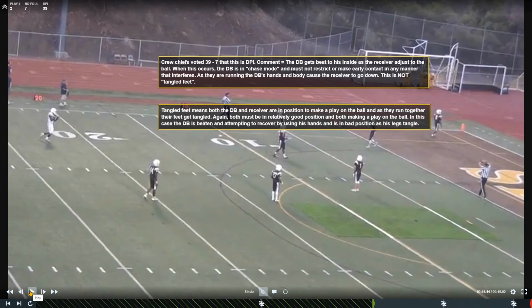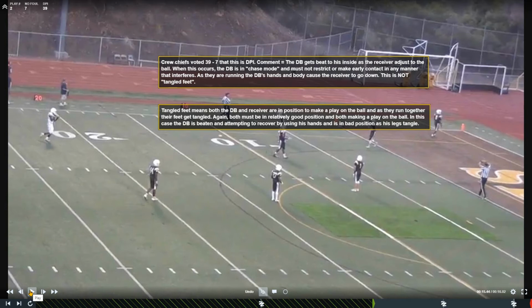Okay, it was 39-7 that it was DPI. And the DB obviously was beat to his inside, and the receiver had adjusted to the ball. And the DB's in chase mode. This is when we see these fouls, when they're in chase mode, and must restrict or make early contact in any manner that interferes. As they're running, the DB's hands and body cause the receiver to go down.